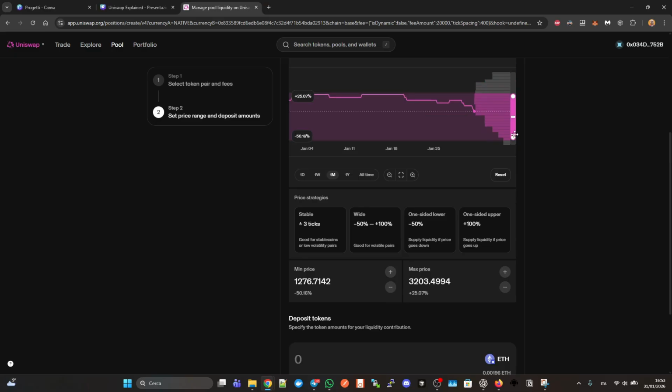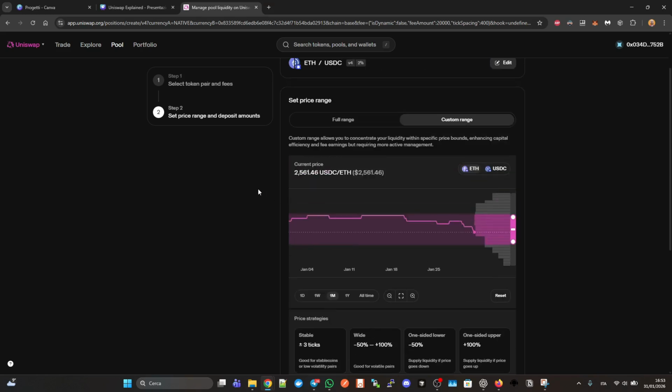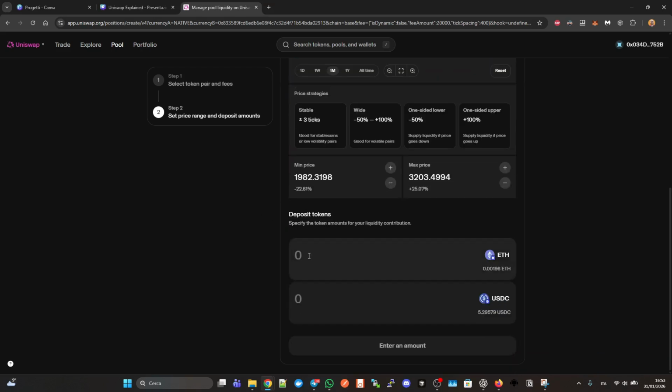Okay, so for example, here we will earn more fee because while the price is in this range, we will earn more, while if we use a wider range and the price is not there, let's say we have a less concentrated liquidity, so we will earn less fee. So let's try this just to show how the custom range works.